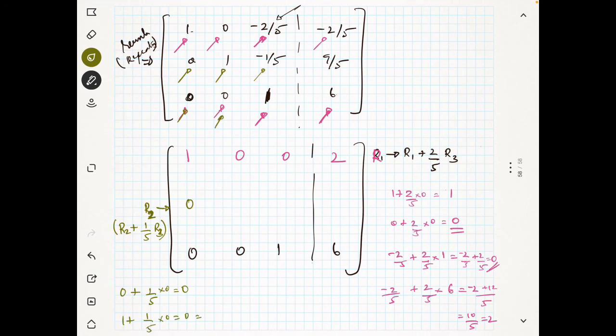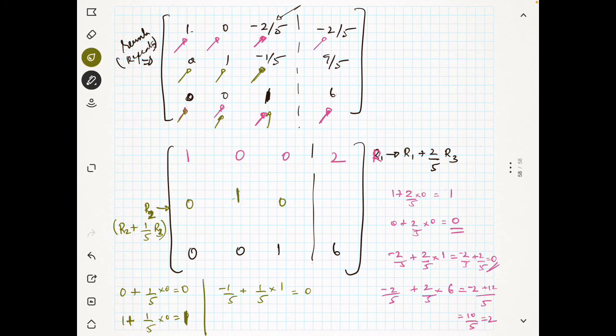Now, next one, okay, this one, minus 1 by 5 plus 1 by 5 into 1, right? This is 1. So this becomes 0 again. So you got 0. And sorry, this is 1 actually.